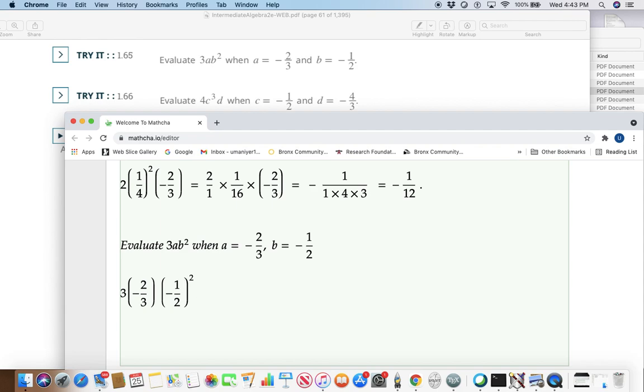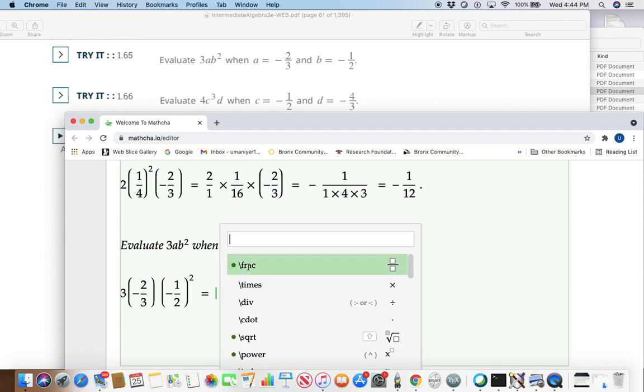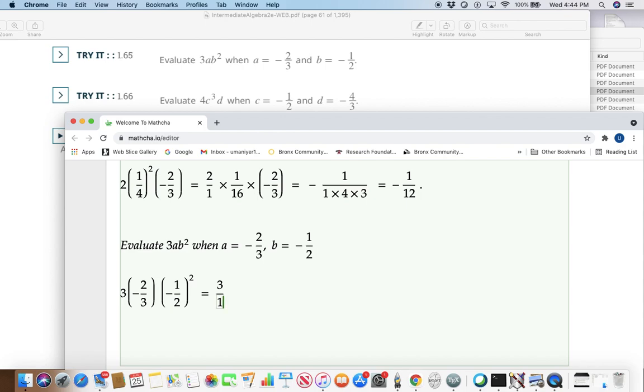All right. So, what happens here? Exponent takes precedence. So, let me rewrite that 3 as 3/1. And let me rewrite this as itself.